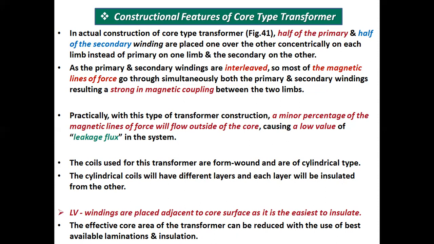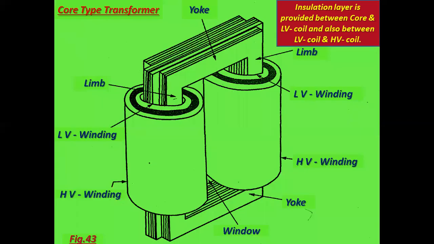The effective core area of the transformer can be reduced with the use of the best available laminations and insulation. See the diagram. Insulation layer is provided between core and LV coil and also between LV coil and HV coil.